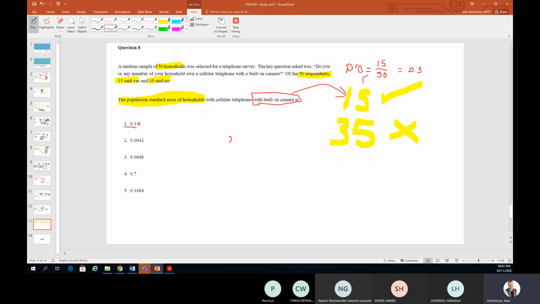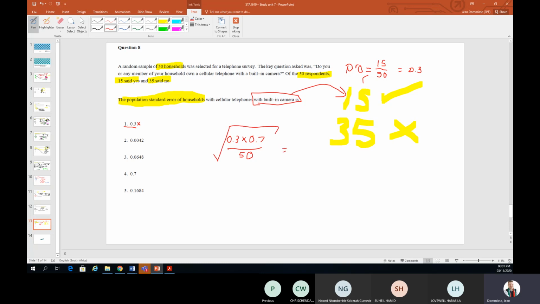So 0.3 times 1 minus 0.3, which is 0.7, divided by the sample of 50, and let's take the square root of that.